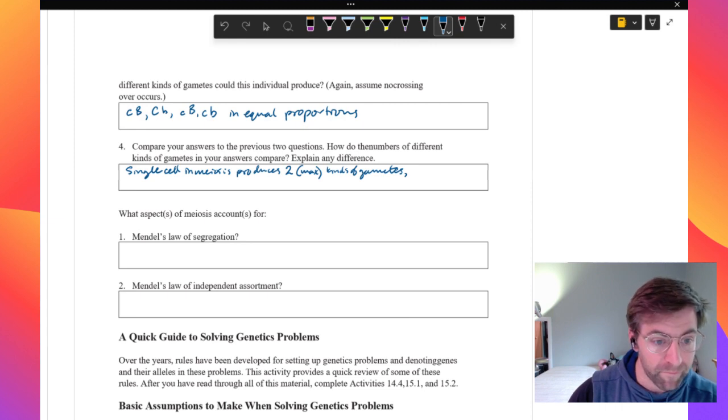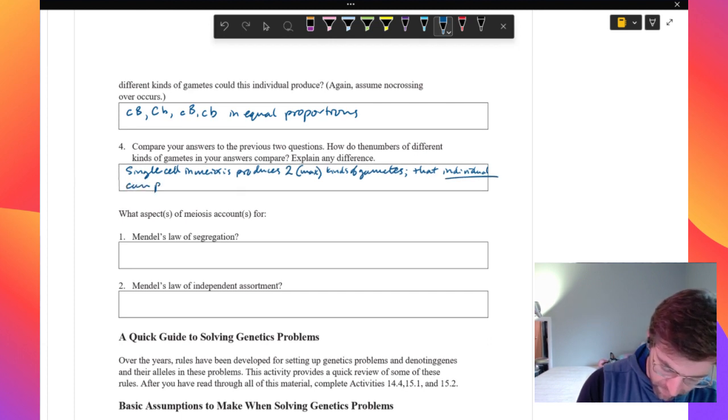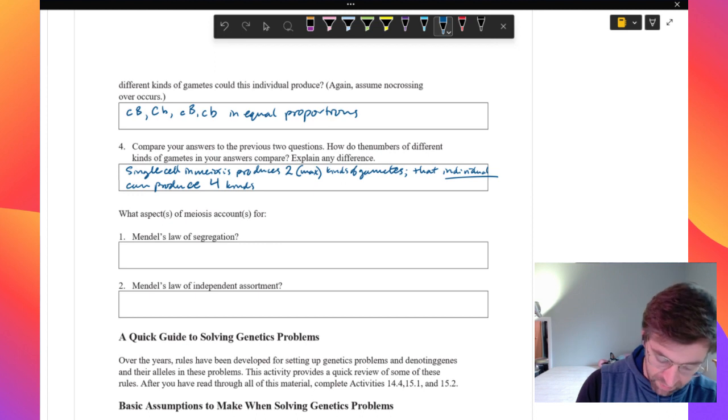That individual can produce four kinds of gametes.